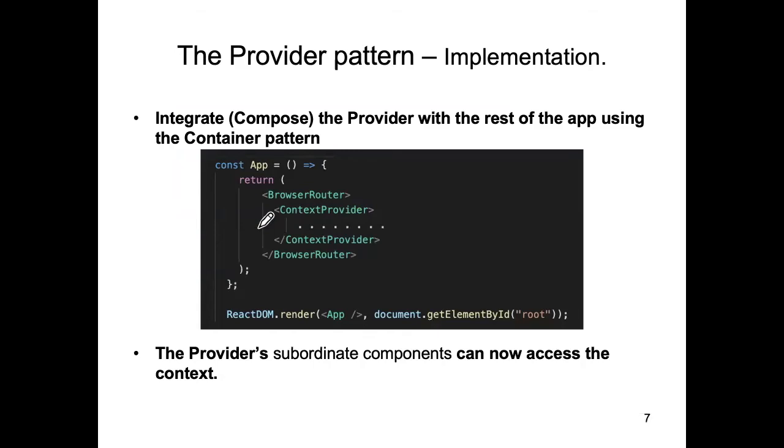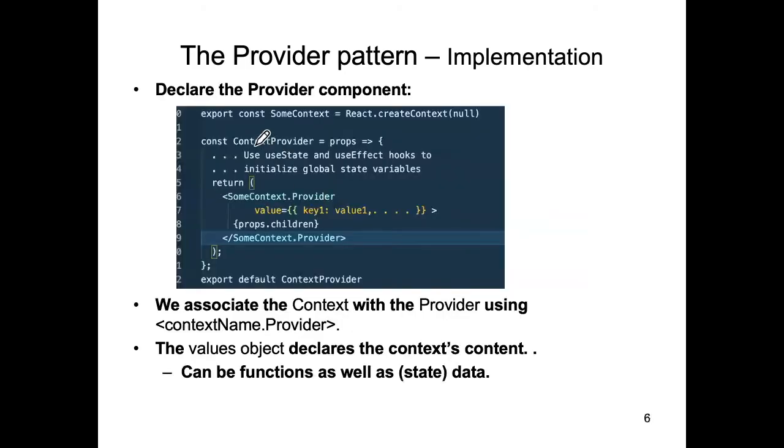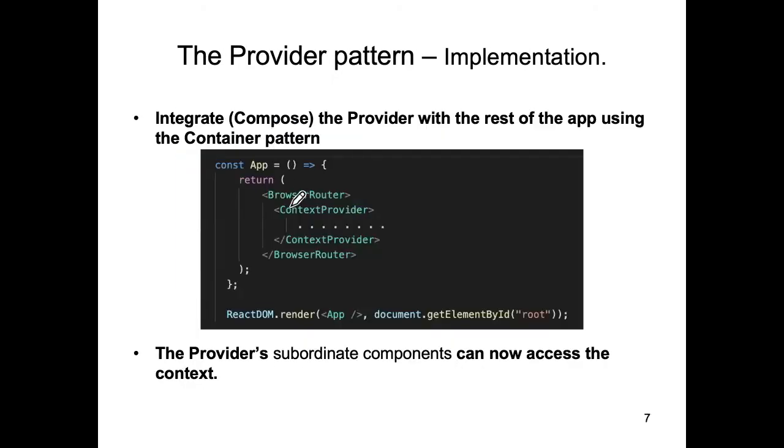To finish that part, where typically do we compose the provider component with the rest of the app? We tend to do that buried within our routing configuration. So here you can see I'm referring to the provider component. This is this guy here. And you'd have your typical routing configuration going on inside here.